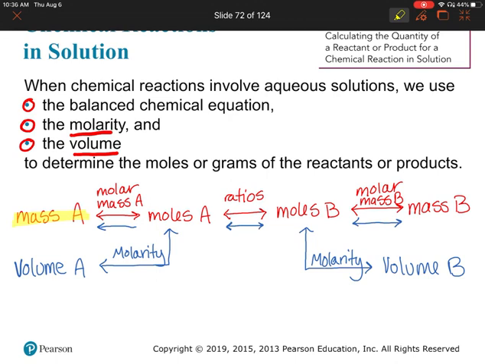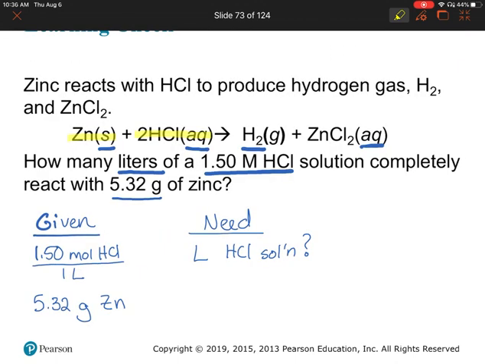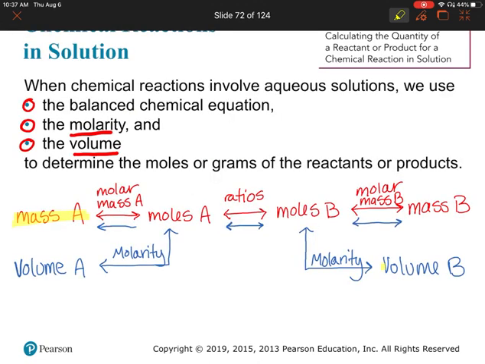If we go back to our problem, what we need are liters of solution. So we're going to try to end here, figuring out a volume of hydrochloric acid.